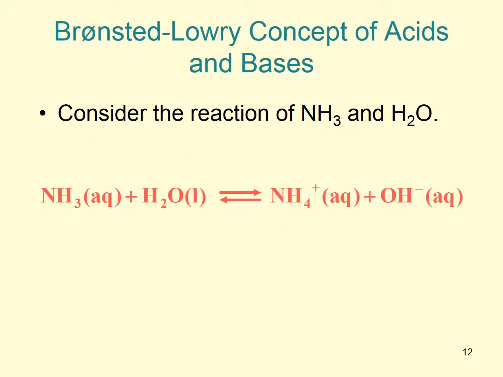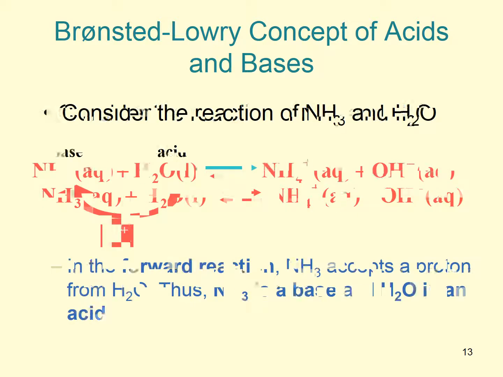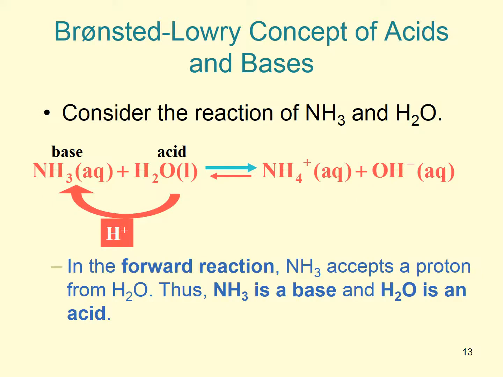So if we look at this reaction, NH3 plus H2O to give us NH4 plus and OH negative. We can see how NH3 is an Arrhenius base because it does promote OH negative, but we're going to look at it in a little more detail. You can see by inspection that the NH3 on the right-hand side becomes NH4 plus.